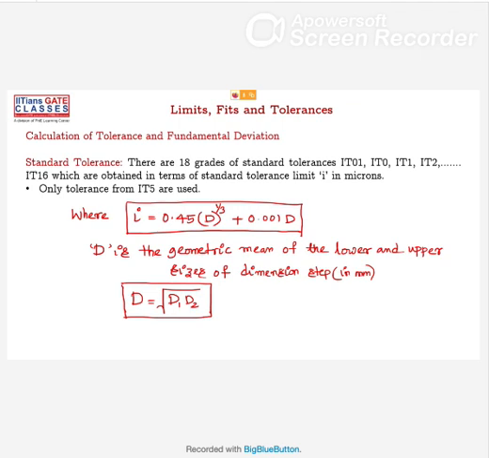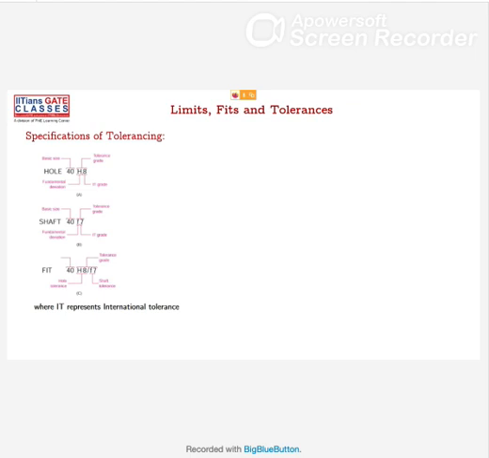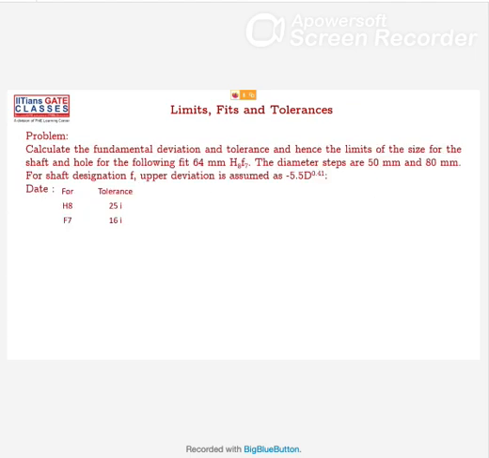This diameter is the geometric mean of the lower and upper diameters, for a diameter step within which the chosen diameter will be lying. There's a table for that. I didn't write the table.